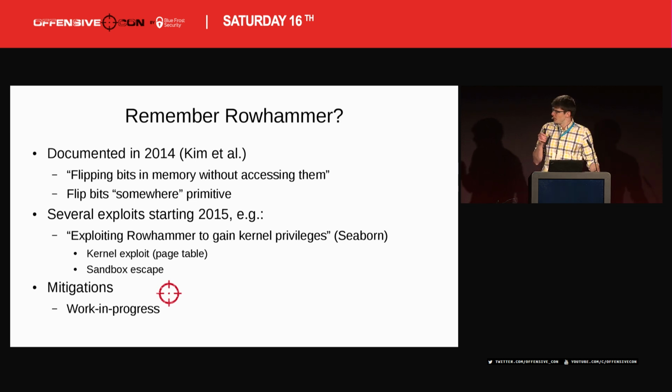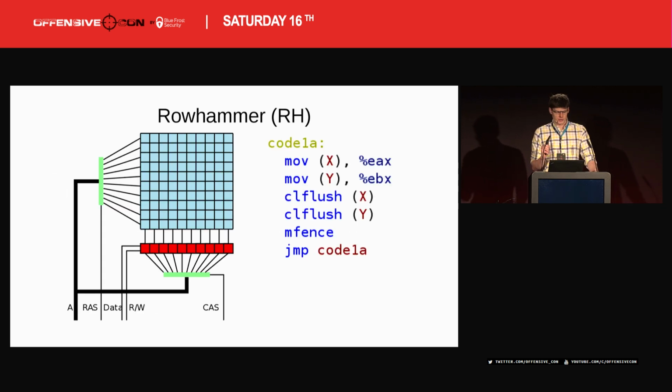Let's do a refresher on how Rowhammer works. This is a view of memory. Memory cells are organized in rows and in columns. With the code snippet on the right, we can trigger the bit flips. The code snippet is just a tight loop that accesses two rows which are apart by one row.